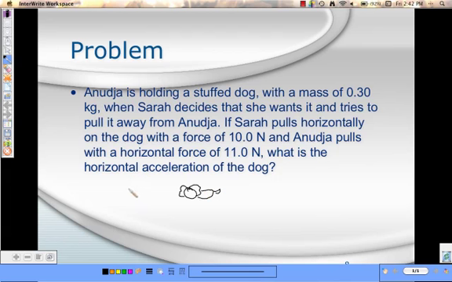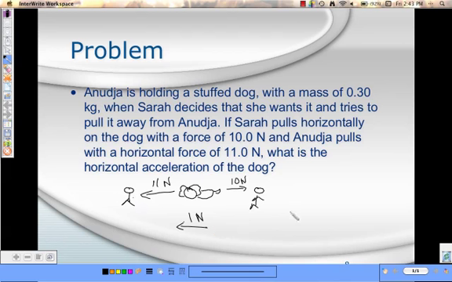And we have someone pulling it this way, and she's pulling it this direction. Let's make this 11 newtons, and this is 10 newtons. So what's our net force? To the left, we have 1 newton as our net force.